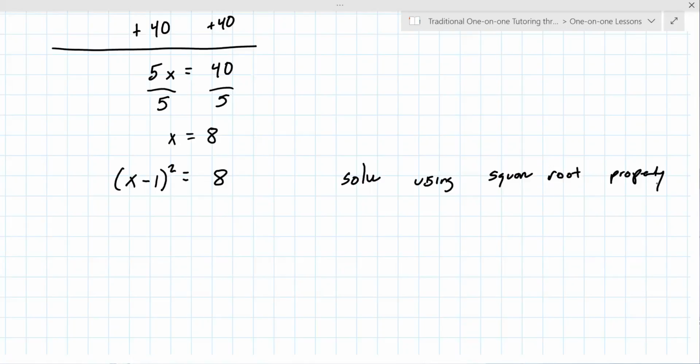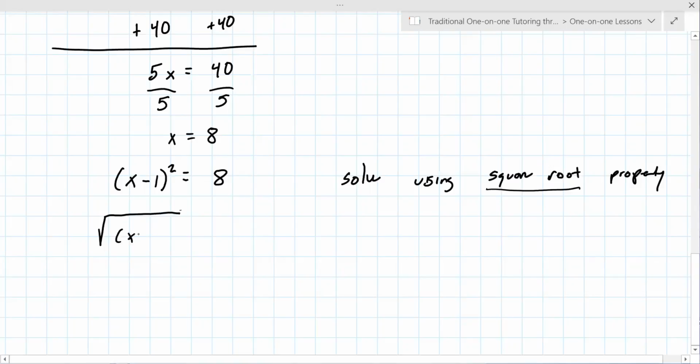All right, I got it down. Okay, so the key component of solving using the square root property is to use the square root. So you're going to write this symbol. This symbol right here is the square root symbol. Have you seen that before? Yeah. And you have to use it on both sides of the equation.